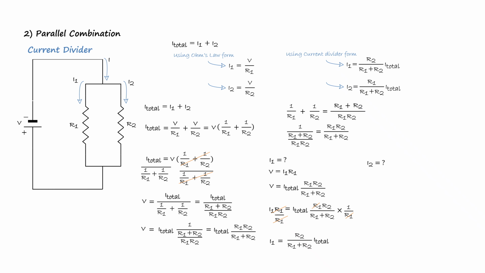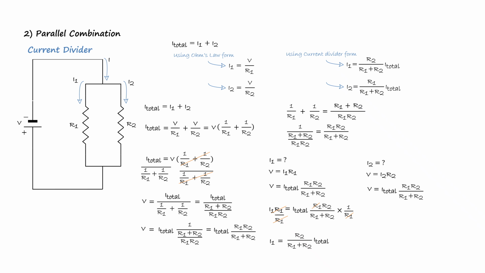And after this, let us find I2. From Ohm's law, we can get V is equal to I2 times R2. And from our equation, we get V is equal to I total times R1 times R2 over R1 plus R2.